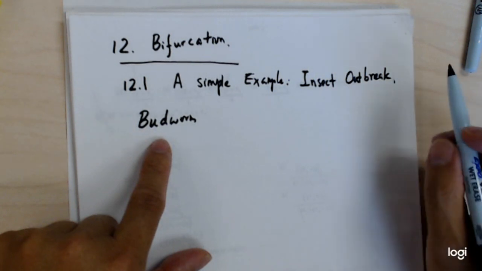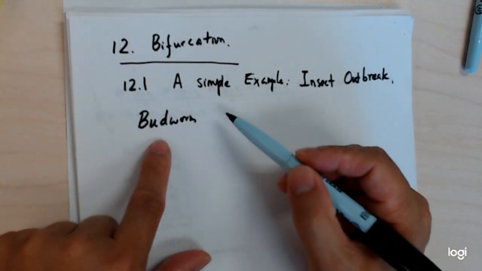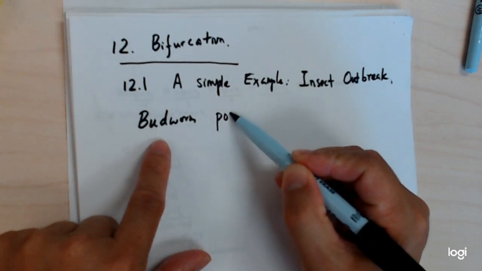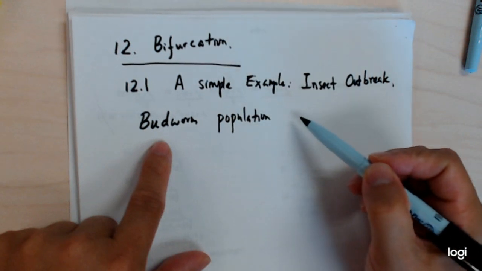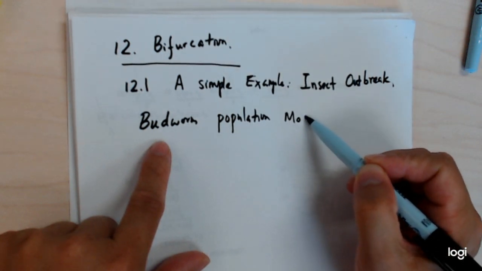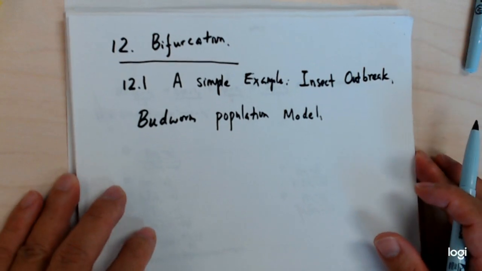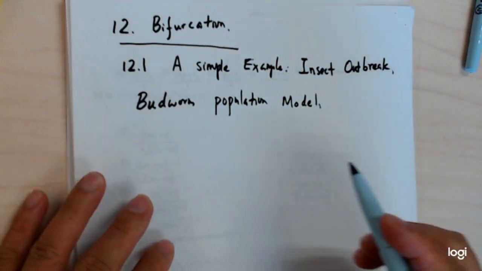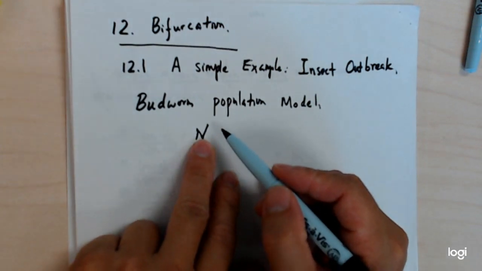So they try to create some simple mathematical model, try to understand this, and try to figure out what are the factors that matter the most in terms of controlling this budworm. So some mathematician came up with this simple population model where n is the population of the budworm.